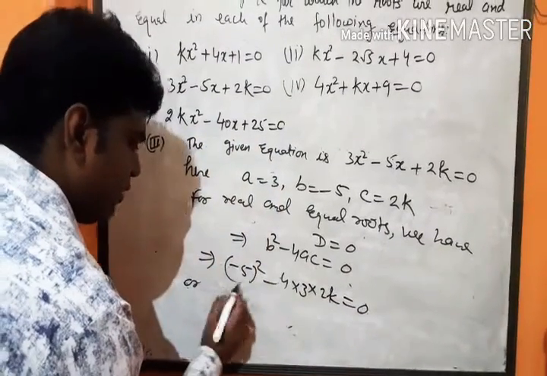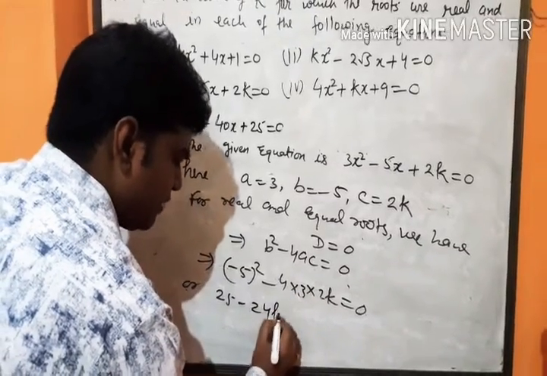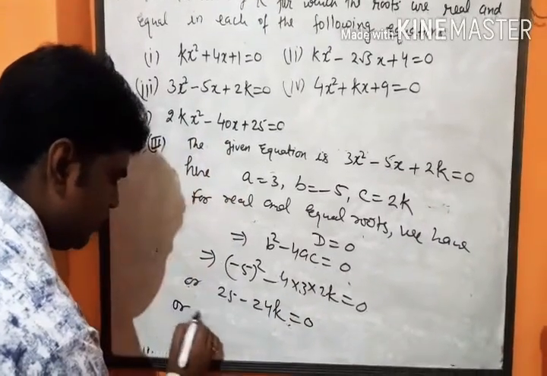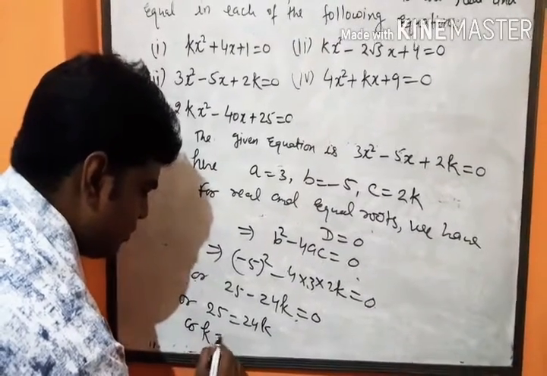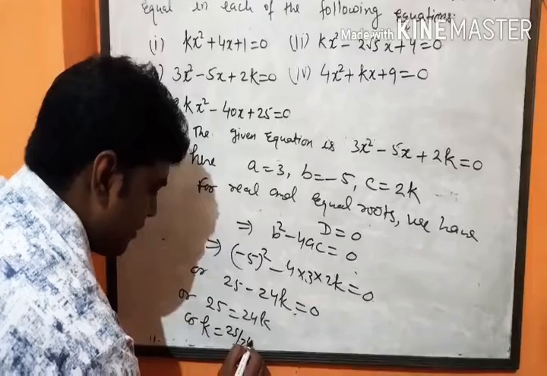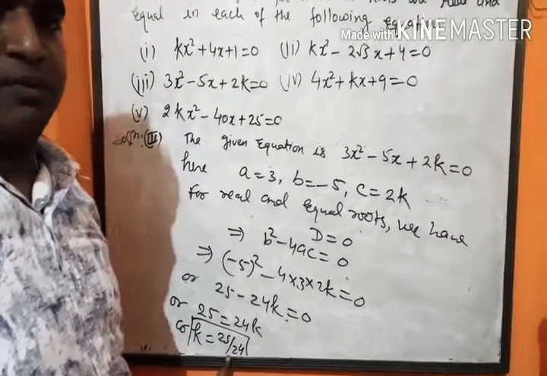It gives 25 minus 12 into 2, 24k is equal to 0, or 25 is equal to 24k, or k is equal to 25 by 24. So this is your required solution, k is equal to 25 by 24.